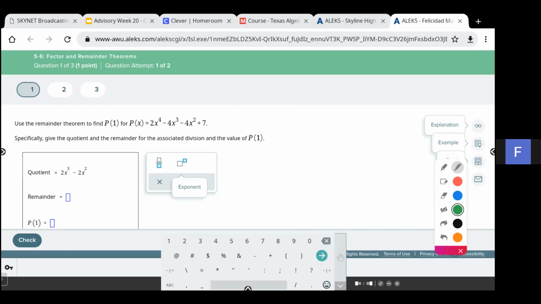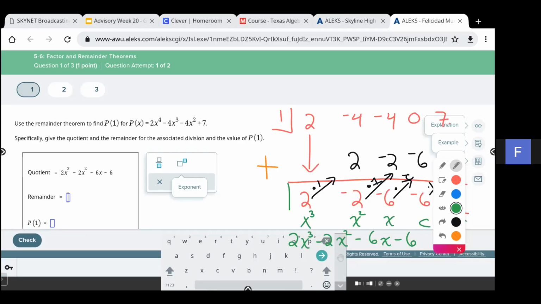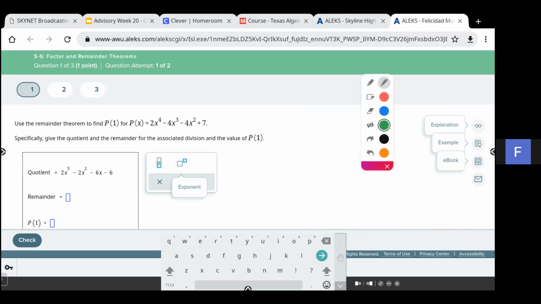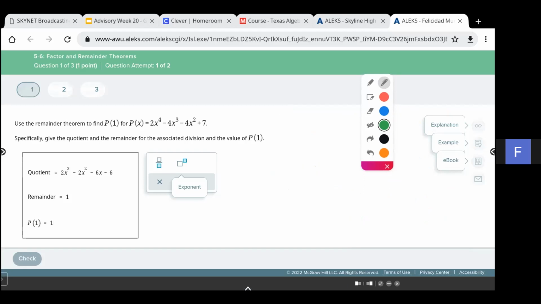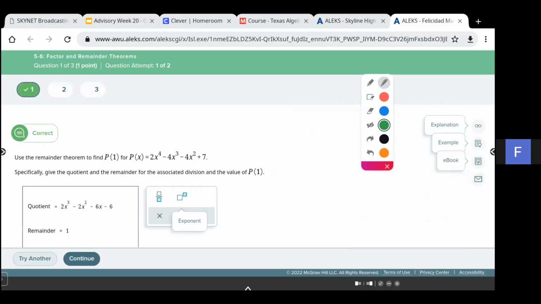My remainder was 1, yes, it was 1. So I'm just going to put a 1 here for my remainder. And that is also what P of 1 is, meaning if I was to plug 1 in, I would also get 1 back. So I'm going to hit check. We have it. So I'm going to hit continue.